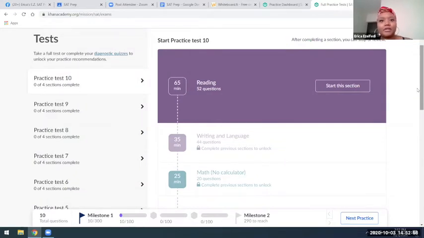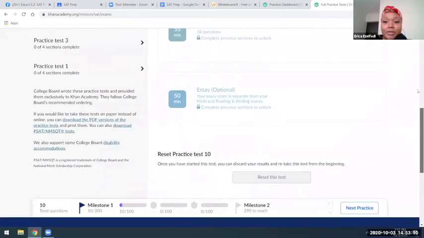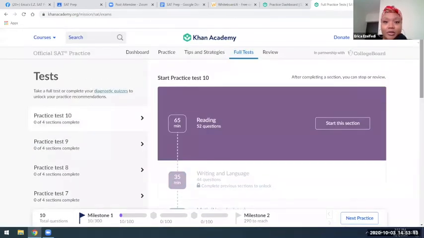It's really just to test how well you do first without timed conditions. These little icons on the left help you know how much time each section is, so you get used to it. I will say, do the practice test first, and then see how you do.